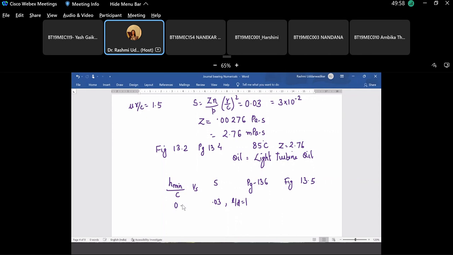What do you want me to take? 0.15, 0.16? Both are correct. Okay, let's go with 0.16. H minimum by C is 0.16. So what is H minimum? R by C is known. R is known. Give me what is H minimum.